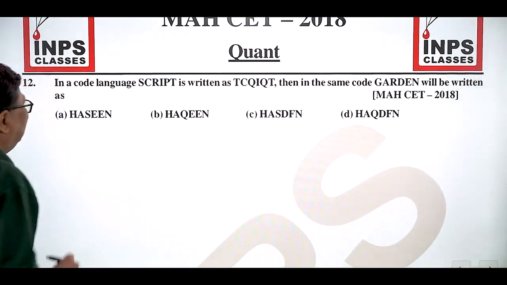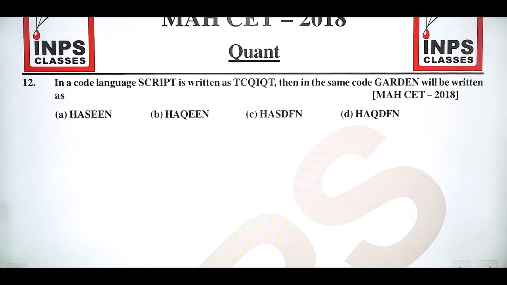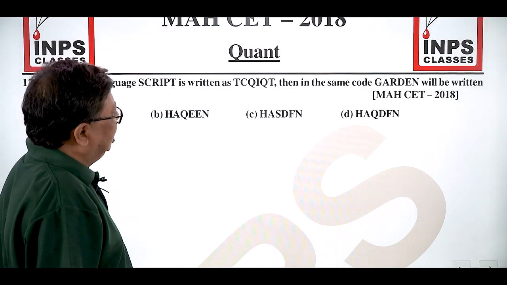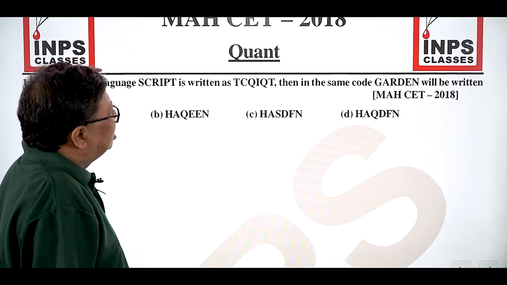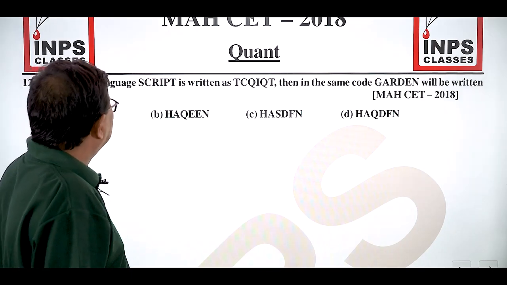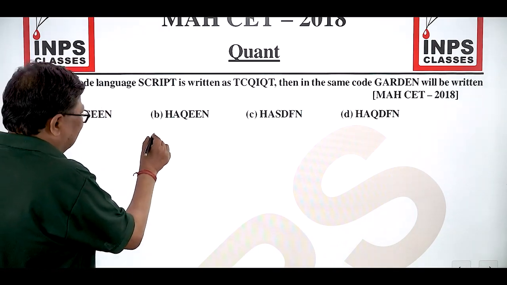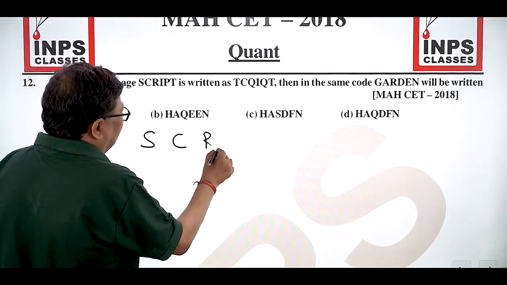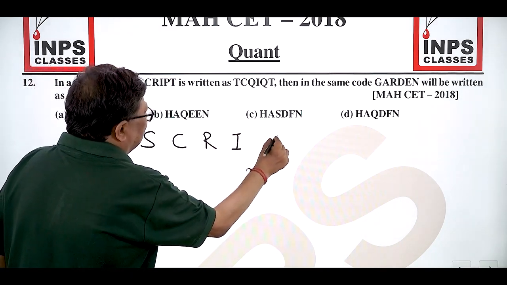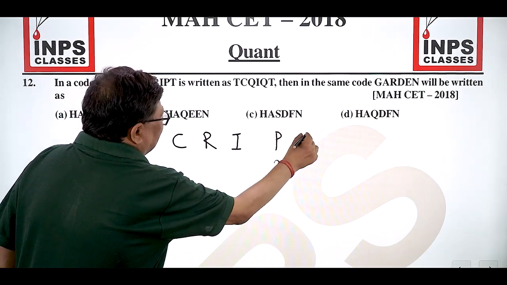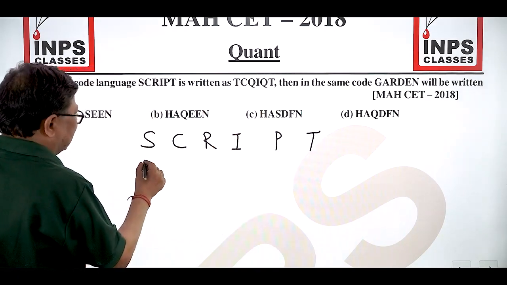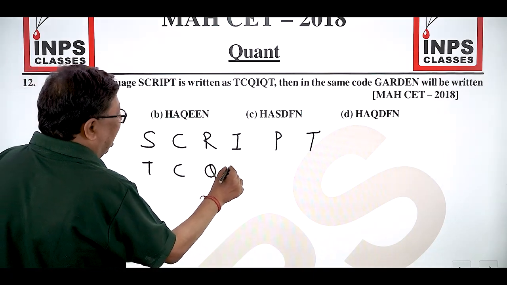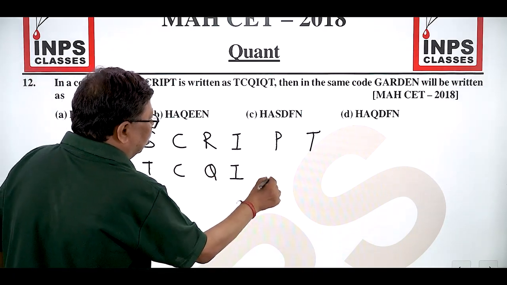Okay, question number 12. In a code language, script is written as TCQIQT, and then in the same code, garden will be written as. Let's see here. Let us write script, SCRIPT. Now this is written as TCQIQT.